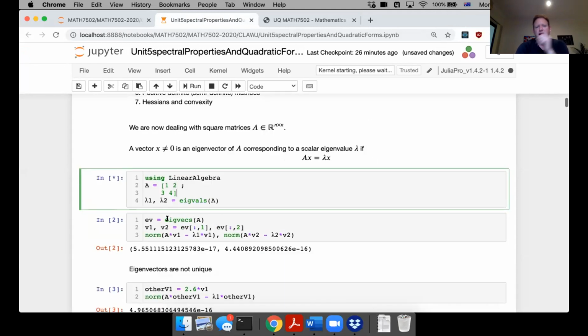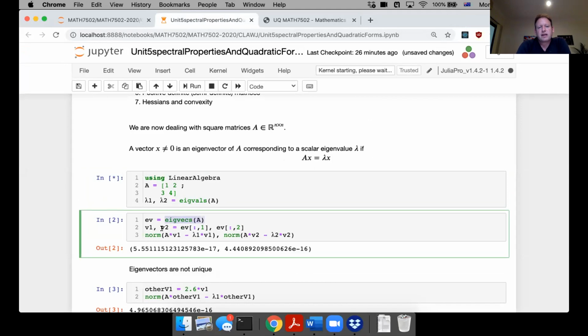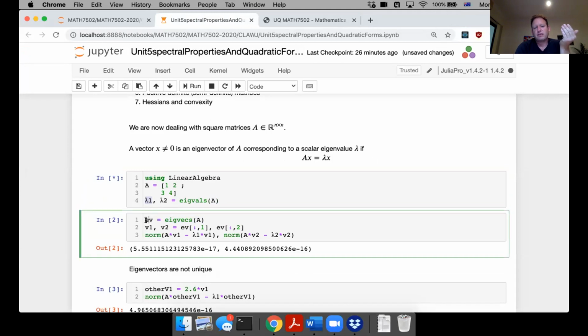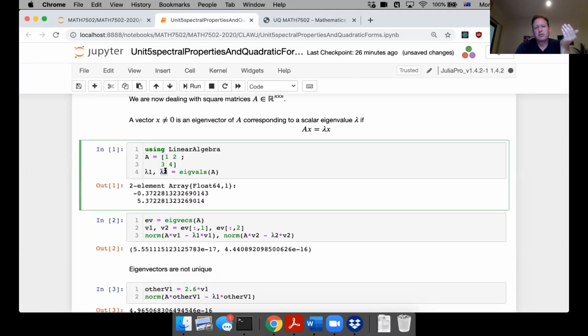In the meanwhile, I'll show this. The eigvecs function returns a matrix whose columns are the eigenvectors. When you take a matrix A and apply eigvals to it, the eigenvalue lambda 1 will correspond to the first column of EV, and lambda 2 will correspond to the second column of EV.